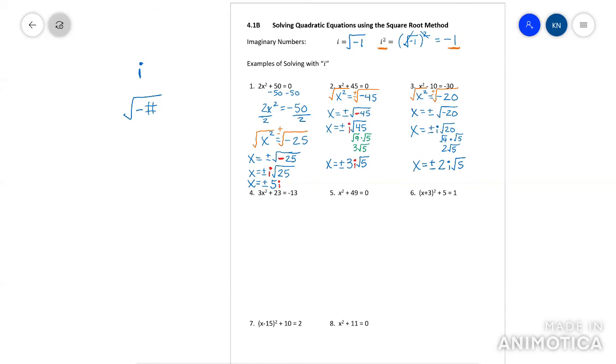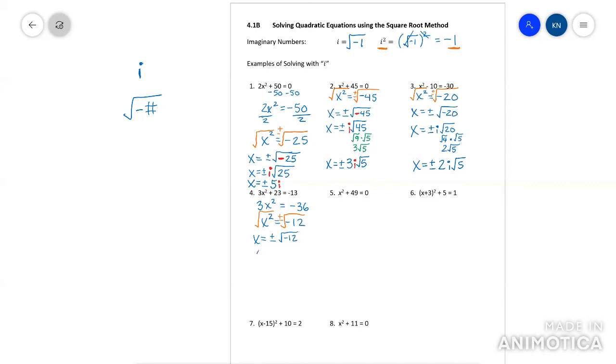Okay, this next one, I would subtract 23 first. I would divide by 3. Once my x squared is by itself, you can root it. So now you're at x equals plus minus root of negative 12.